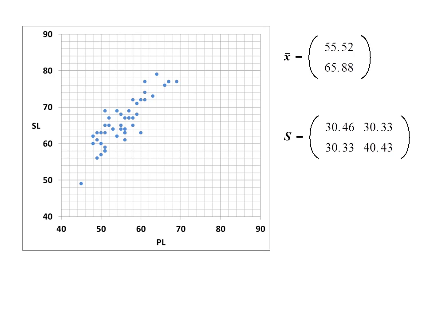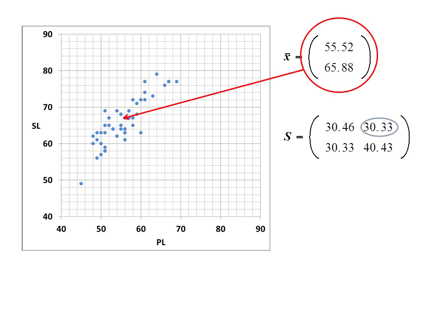When studying these two variables, we calculate the sample mean and sample covariance matrix. The sample mean gives the central location of the data. The mean petal length for the 50 flowers is 55.52, and the mean sepal length is 65.88. The data is centered around this coordinate.